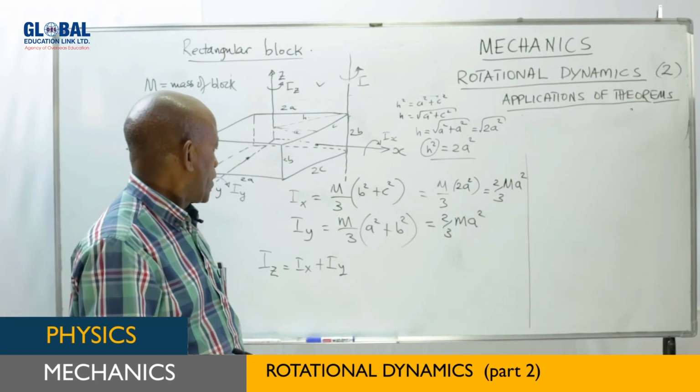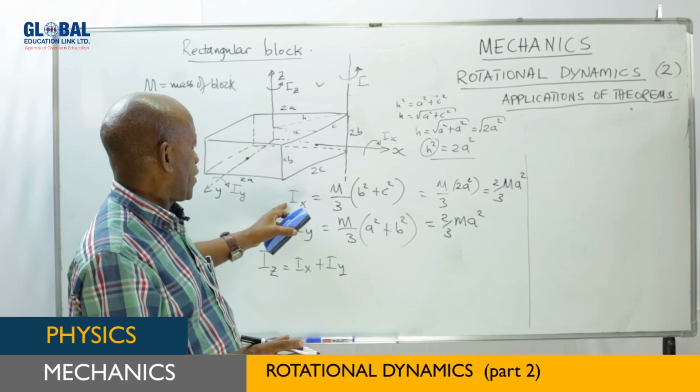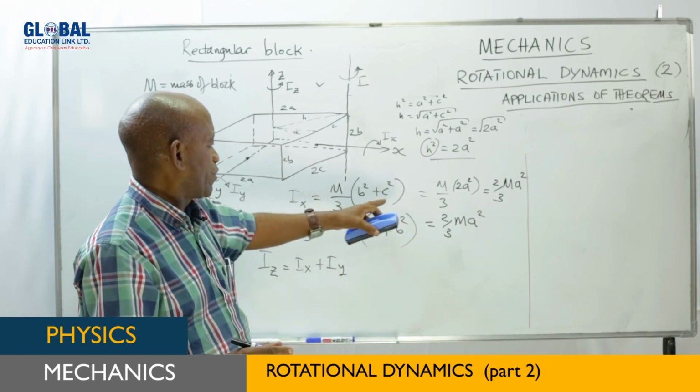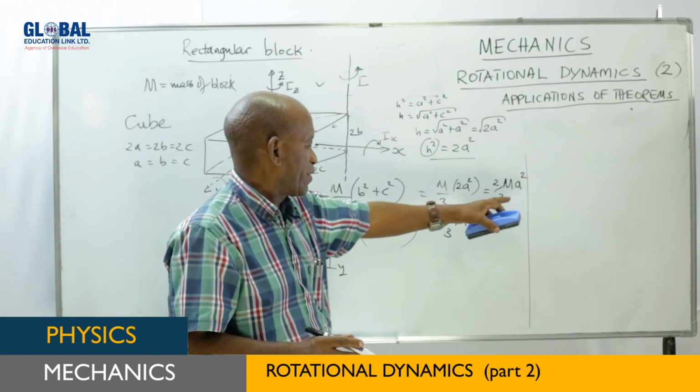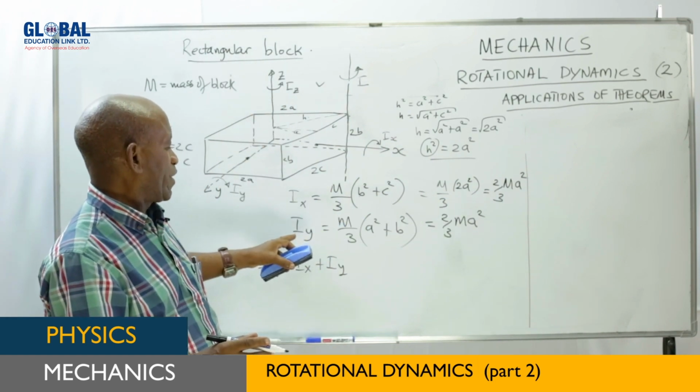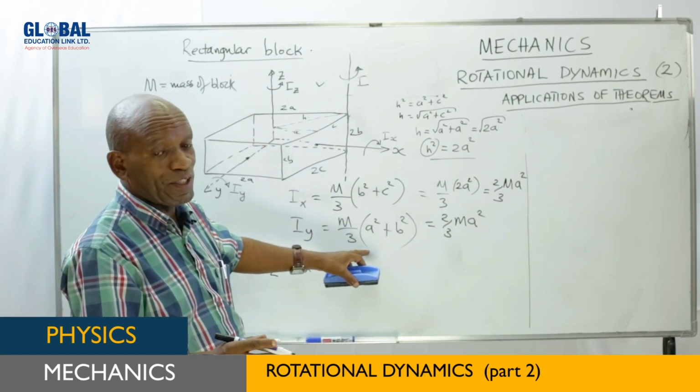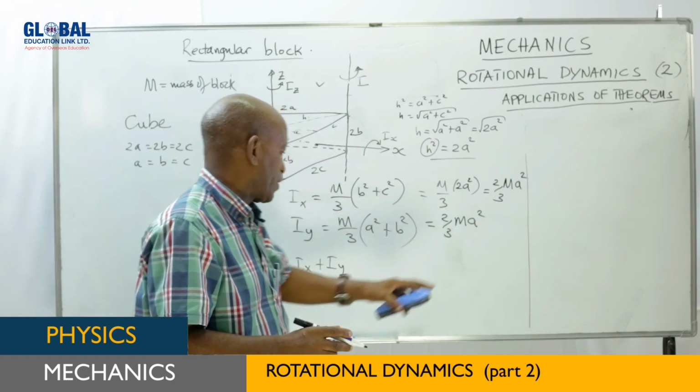Okay, students, as we have already seen, the moment of inertia through the x-axis is equal to this much, and if it's a cube, it is equal to that much. The moment of inertia whenever it's rotated through the y-axis is equal to this much, and if it's a cube, it takes us to this particular expression.